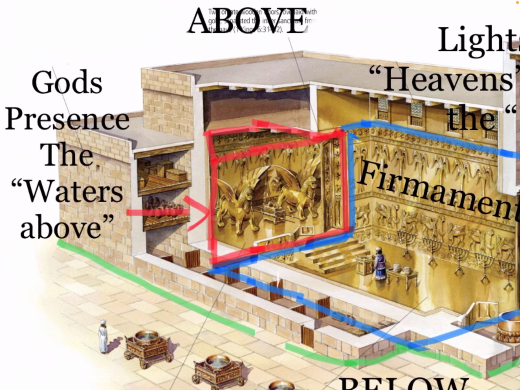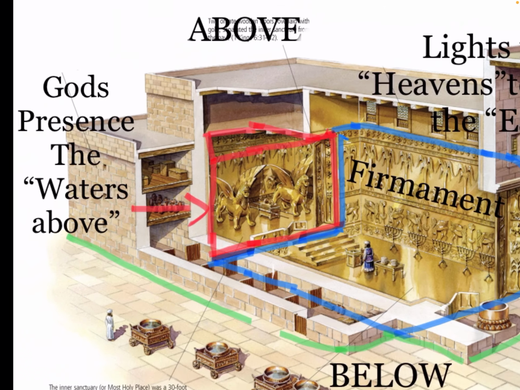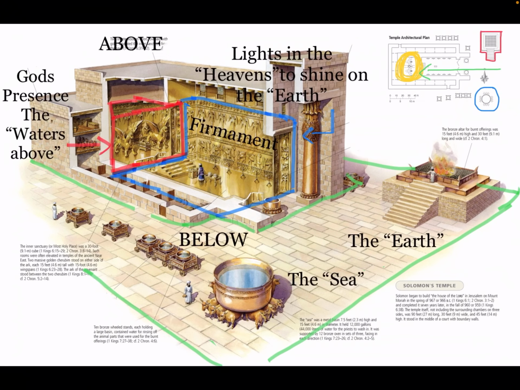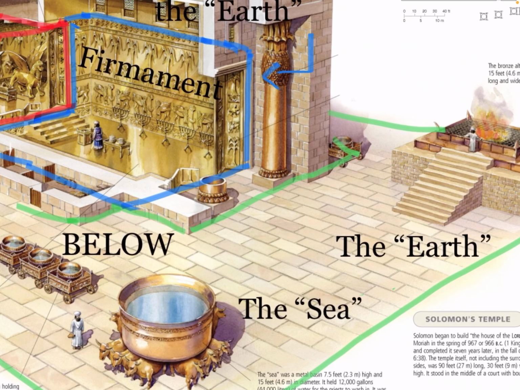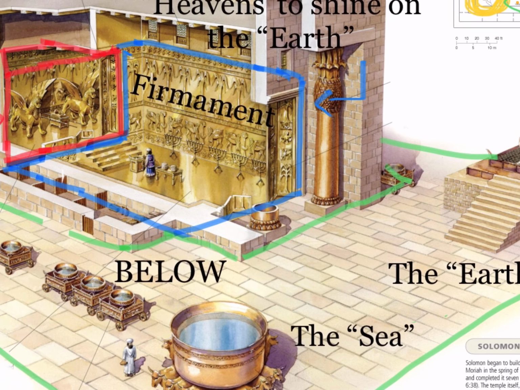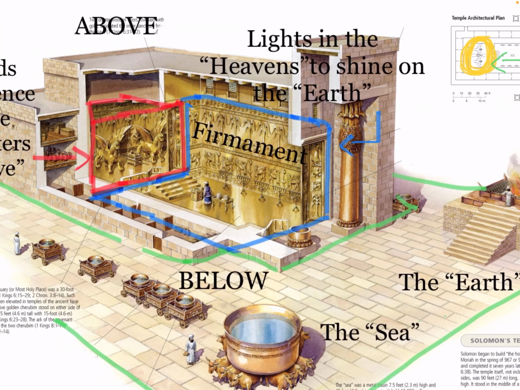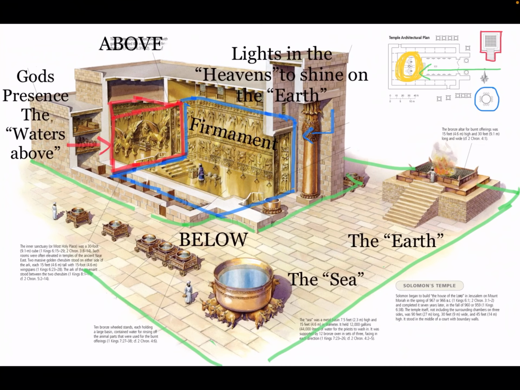And only the high priest, the brightest light on the firmament, was allowed to go into God's presence, which was the waters above, that it could flow out. And thus, those who were below were always looking up into the heavens above for their redemption, and the sea was in darkness, cast off.